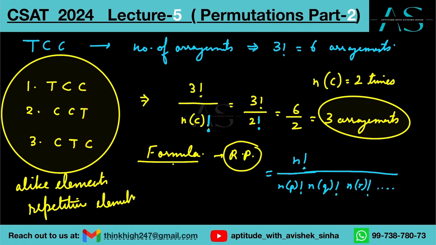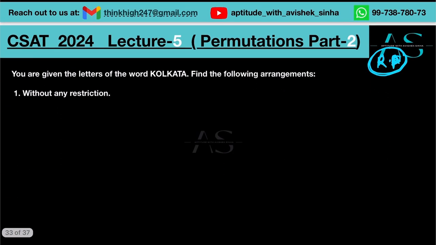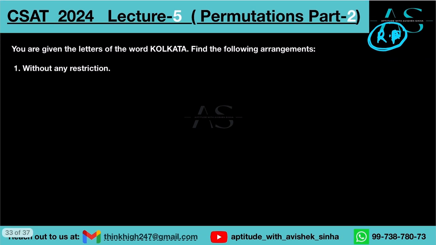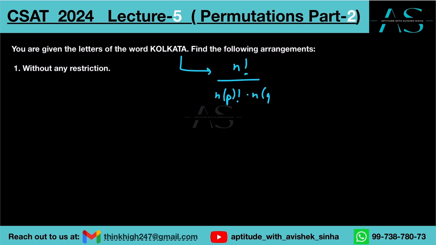Okay. Now let's look at the word Kolkata. Is Kolkata repeating? Yes. What are the elements that are repeating? K is repeating and A is repeating. So by formula it says n factorial upon number of times p factorial into number of times q factorial and so on.